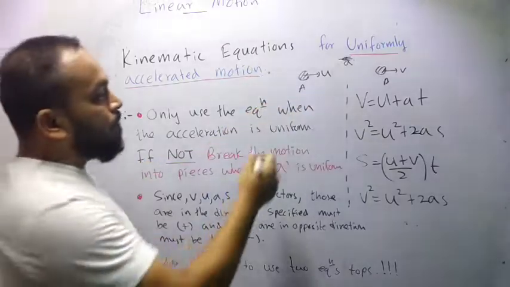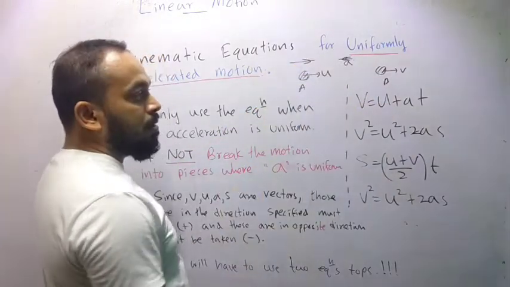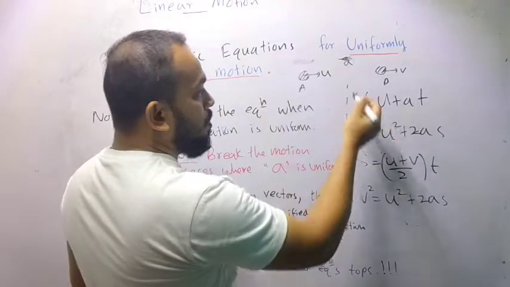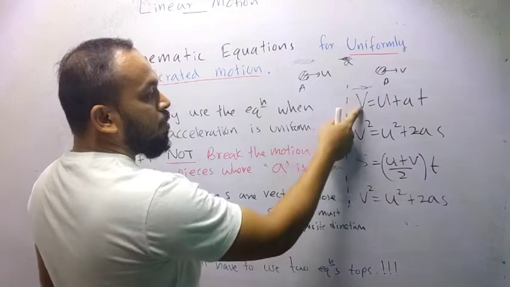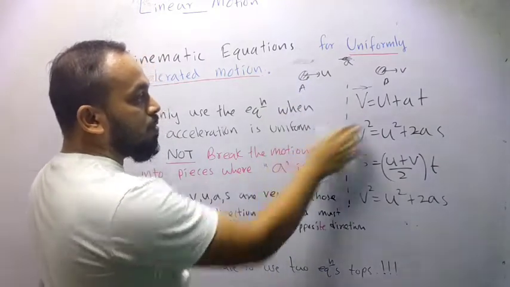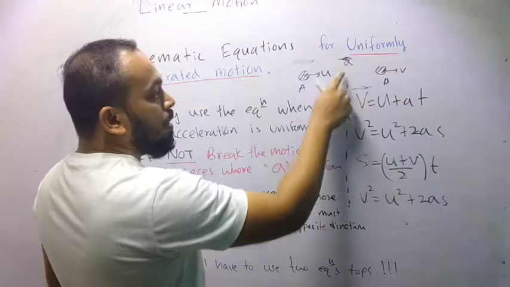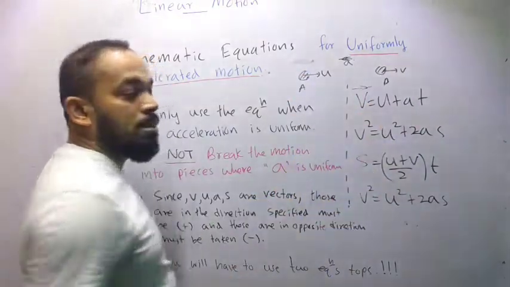So if you do these equations in this specified direction, then V is in this direction, so V is positive. U is also in this direction, so U is also positive. Then acceleration A is in the other direction, so we have to take it as negative.